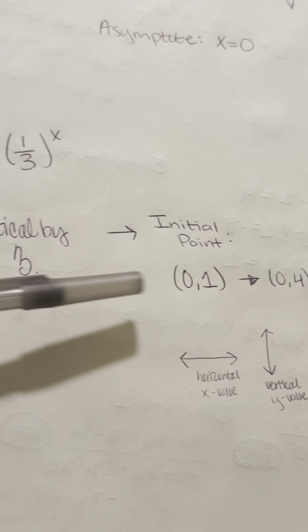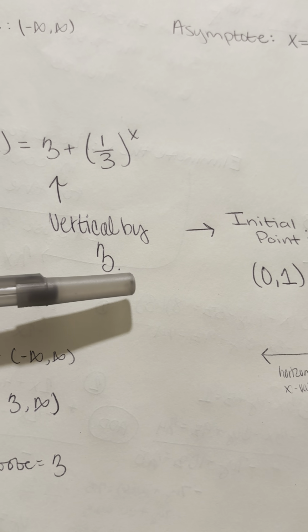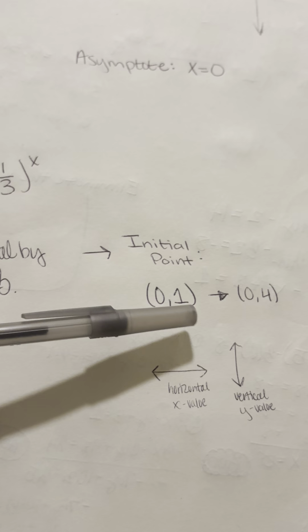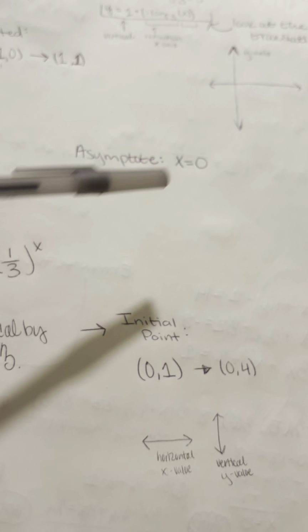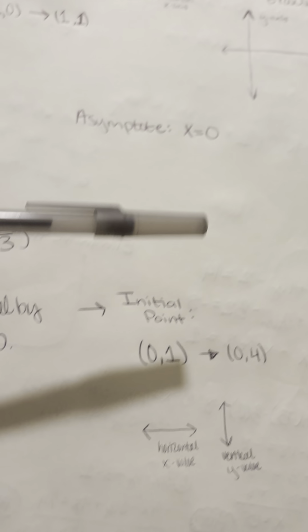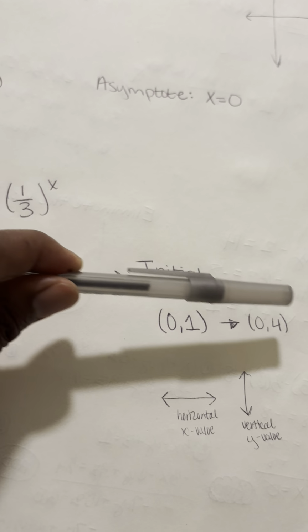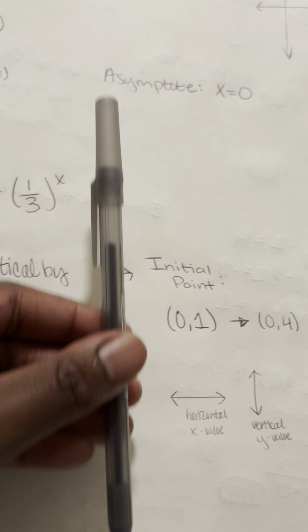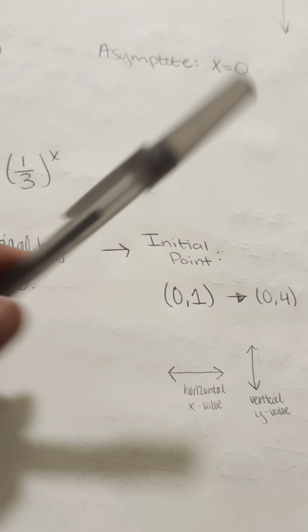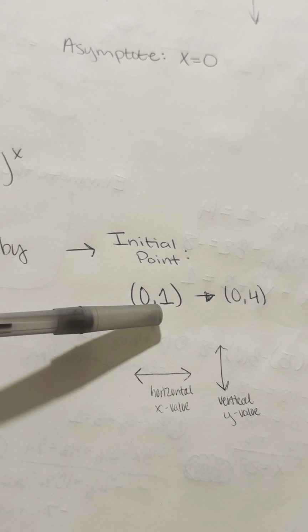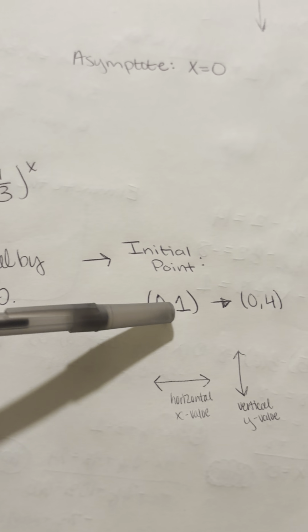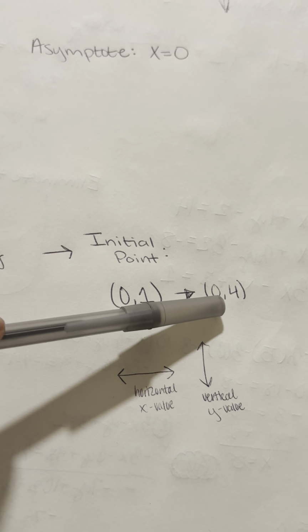Since we're going vertically by 3, and vertically is the y-axis, we talked about that up here. Which axis line is vertical? This is horizontal, the x-axis. This is vertical, the y-axis. So your y value is 1. We're going vertically by 3, so 1 plus 3 is going to give us 4.